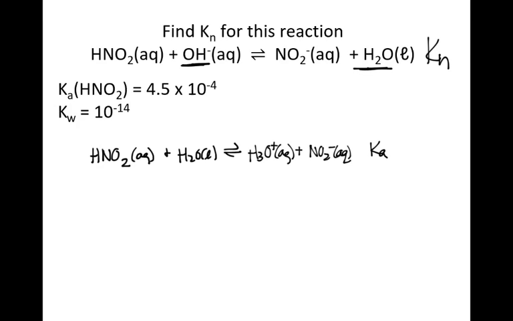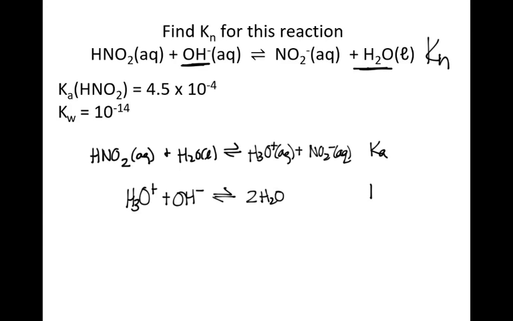So what we're going to do is add another reaction that's the autoionization of water, but we're going to reverse the direction. So we're going to look at H3O plus and OH minus becomes 2 waters. Now, if 2 waters become H3O plus and OH minus, that is Kw. But this is the reverse of that.